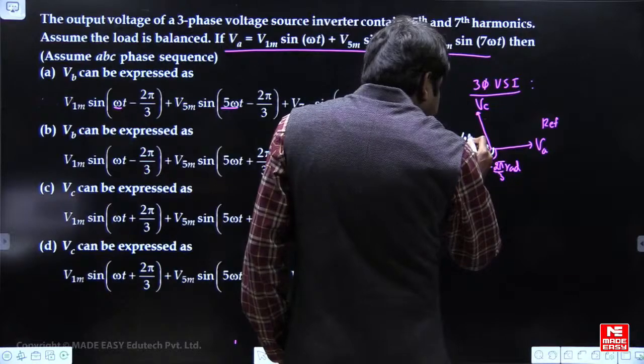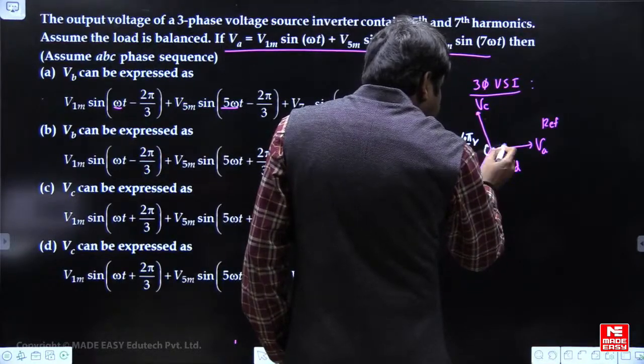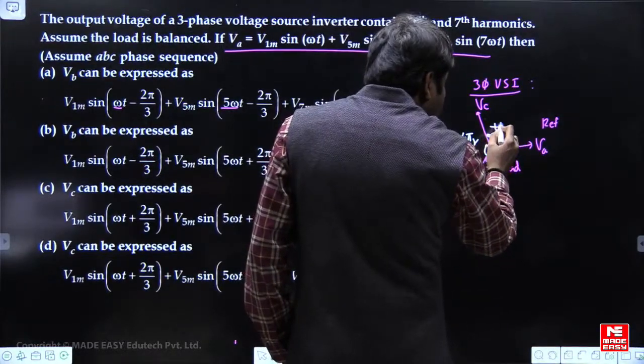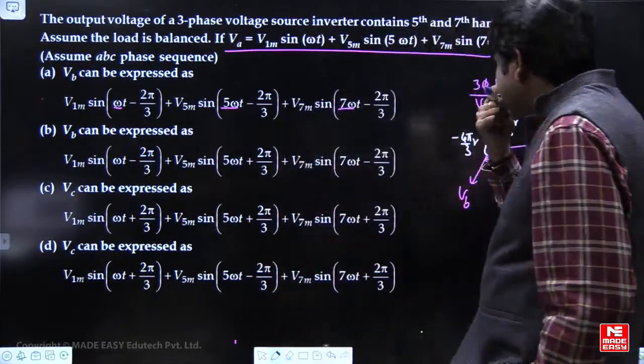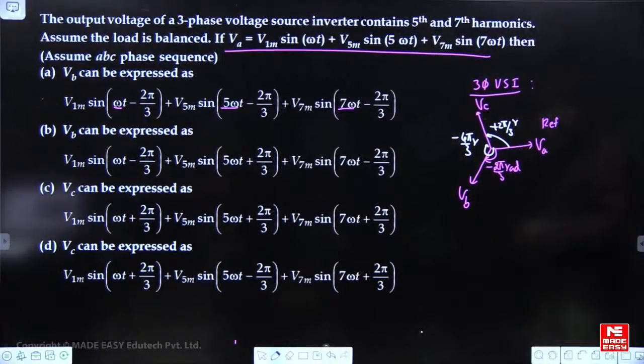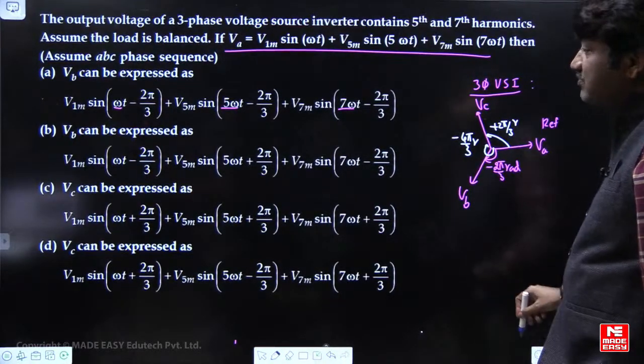Lagging by 4 pi by 3 means it is leading by 2 pi by 3. So now let us find phase B.